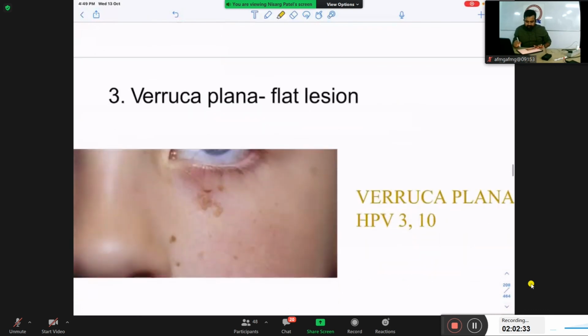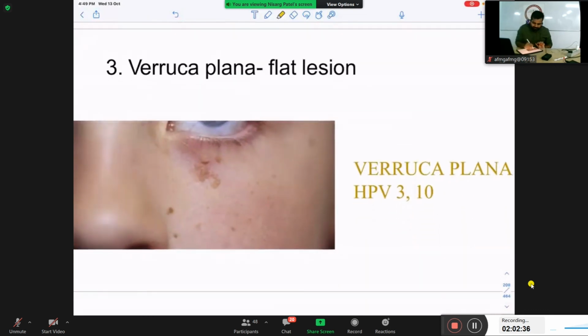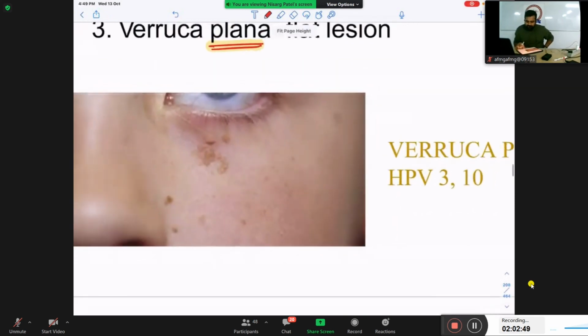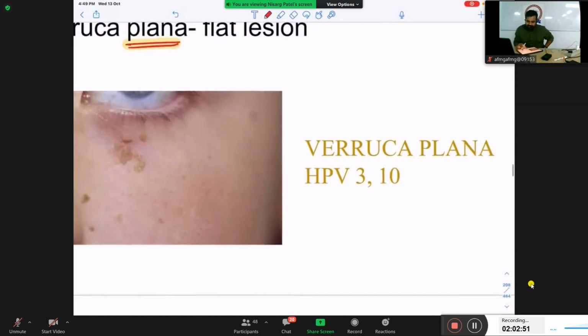Okay, now verruca plana. Plana means flat lesion. These will not be as high as the other warts, but are simply elevations.